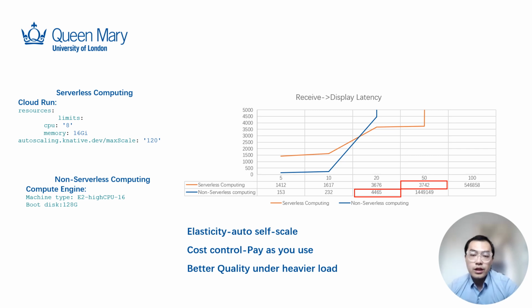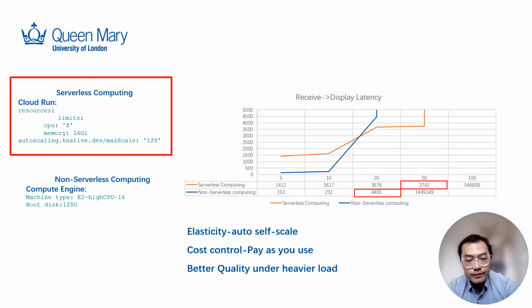From the chart, we can see that serverless computing can hold its function better under higher traffic load than the non-serverless computing, which makes it our better choice. It has these advantages.